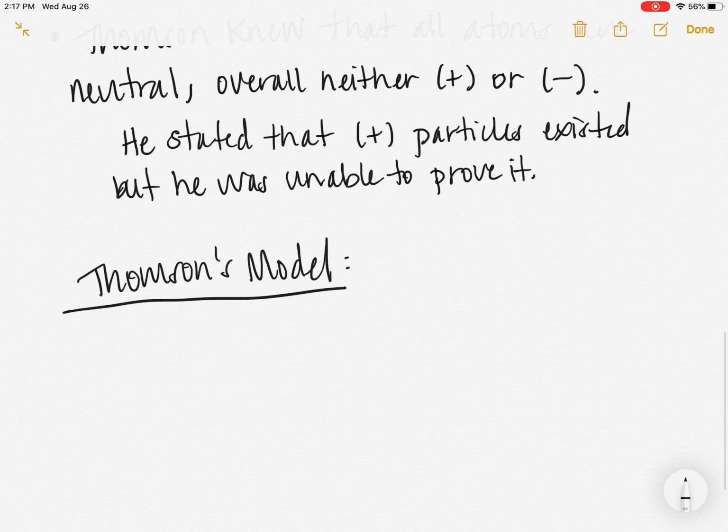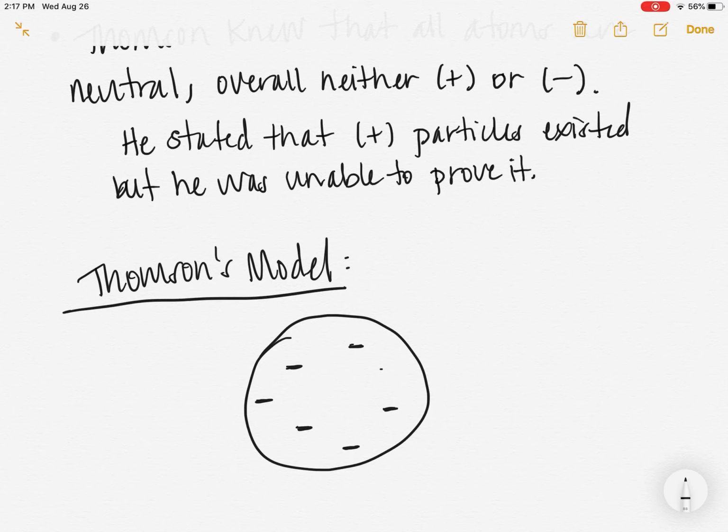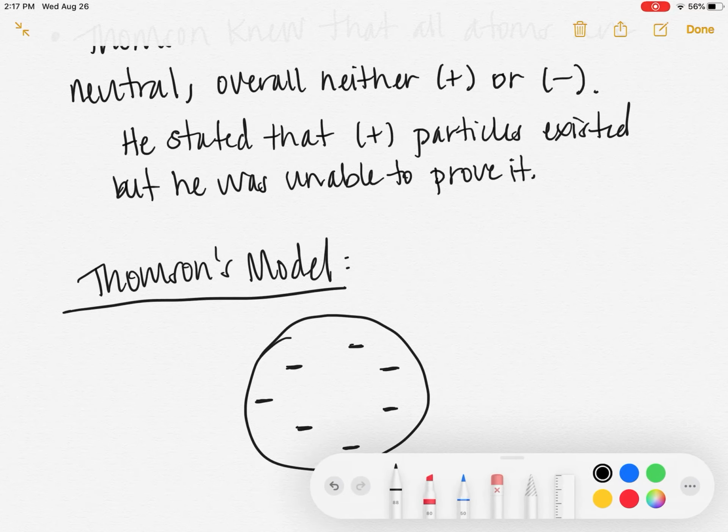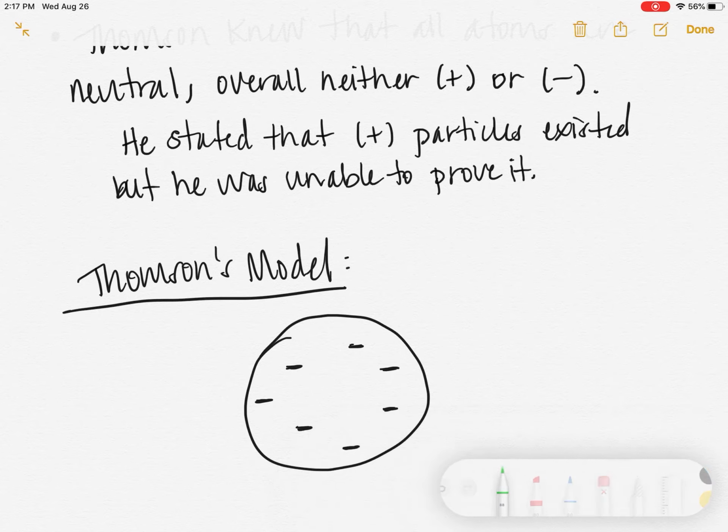So, last thing for this video on Thomson is what Thomson's model would look like. So Thomson knew the atom existed. He also knew that the negative electrons floated around in here somewhere. I'm just drawing minuses for negatives. But then Thomson knew something else. And what Thomson knew was that there were positive particles. He just didn't know where they were.